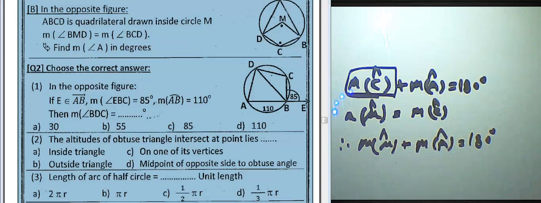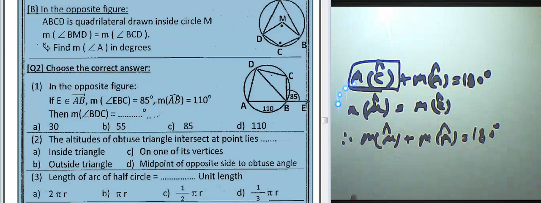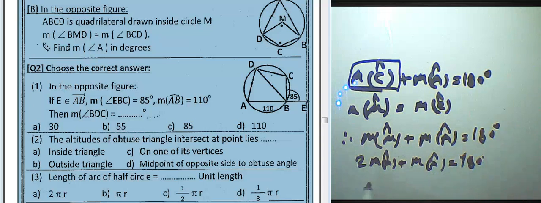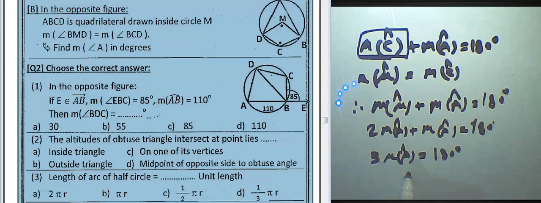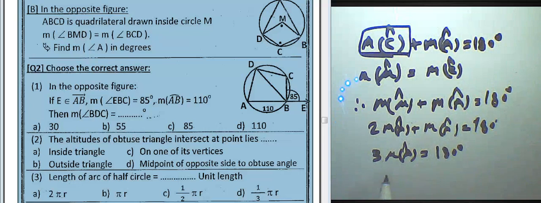And we know the measure of angle M is twice the measure of angle A. We can cancel the measure of angle M and write twice the measure of angle A plus the measure of angle A equals 180 degrees. The result will be 3 times the measure of angle A equals 180, so divide by 3. You can find the measure of angle A: 180 divided by 3 equals 60 degrees. Okay, the measure of angle A equals 60 degrees.